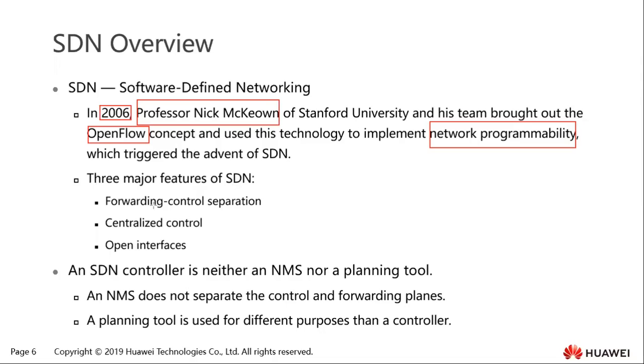So the three major features of SDN are, number one, SDN separates the forwarding and the control plane. We already know what the control and the forwarding plane do. So really, the first thing it does is to separate those two. After separating them, every router has its own forwarding plane, but they share a common control plane.